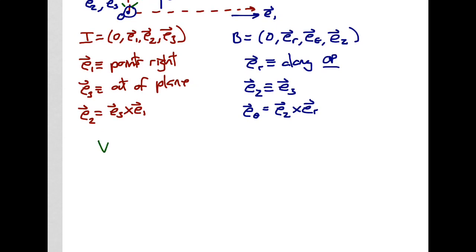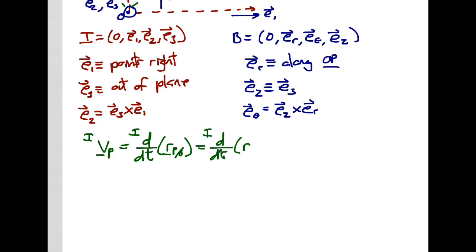We've got v sub p, our velocity of point P as observed in the inertial reference frame, which is d dt as observed in the inertial reference frame of r, p with respect to O. And this is equal to d dt observed in the inertial reference frame of the scalar r in the E sub r direction.